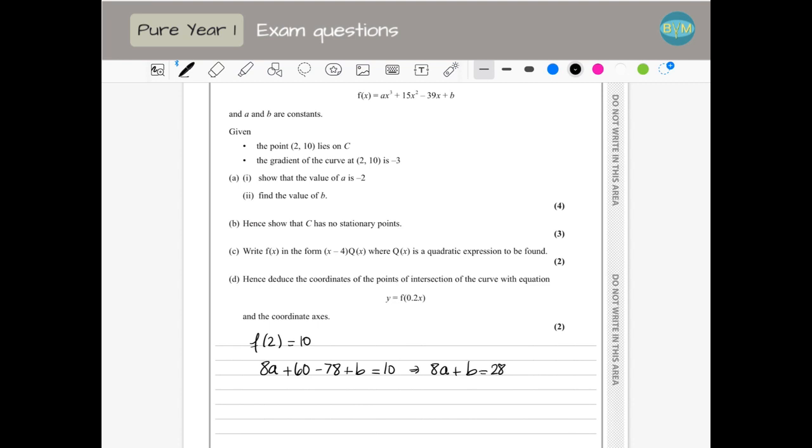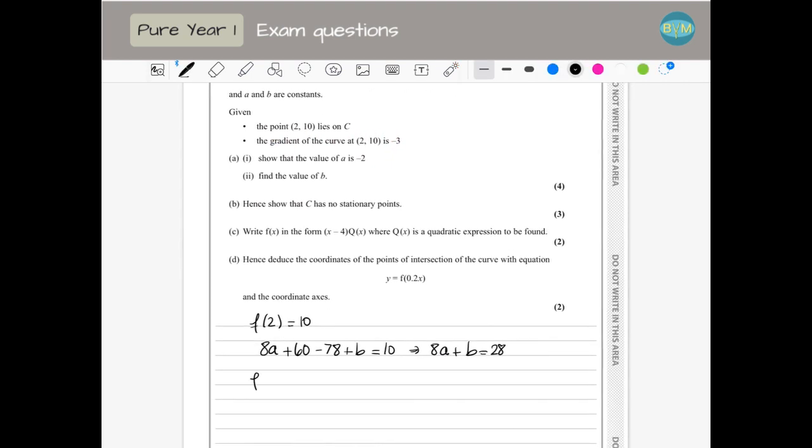I have one equation with two unknowns, a and b, and I'm going to form another equation with this condition. The gradient is going to be given by the derivative, so f prime. And it says the gradient at 2, so when x is 2, is going to be minus 3. So I'm going to find the function derivative and substitute the x by 2.